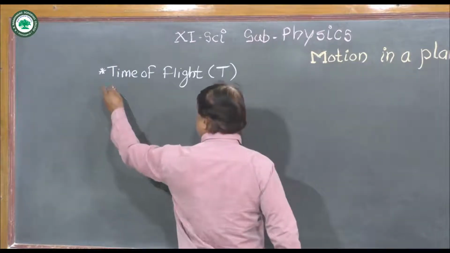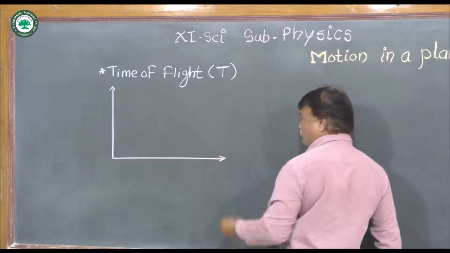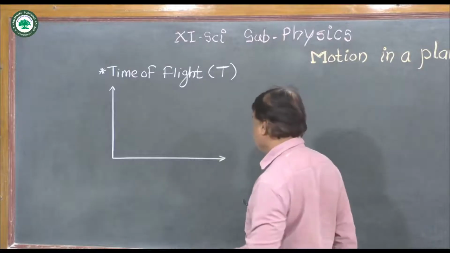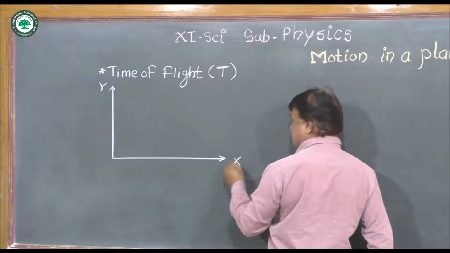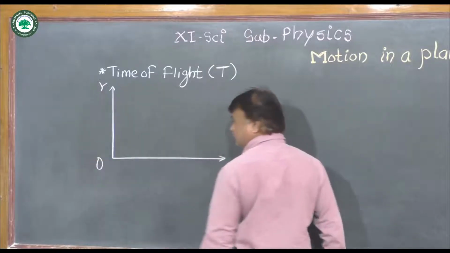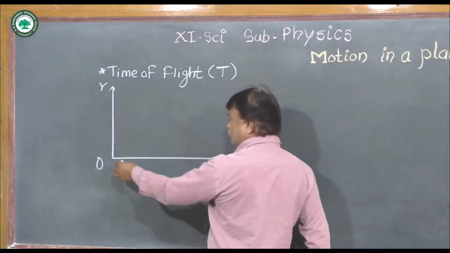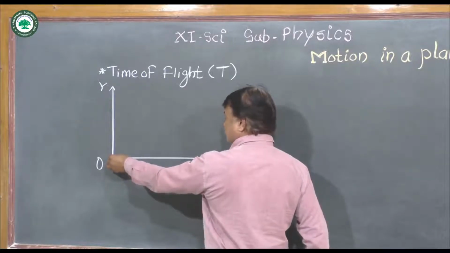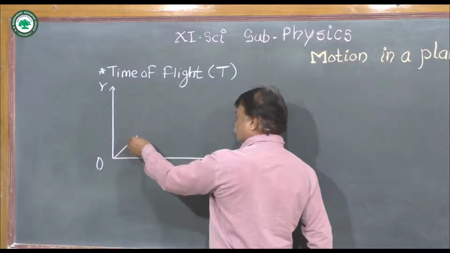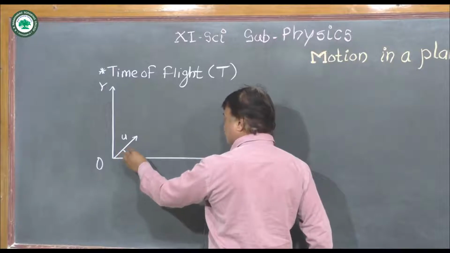We consider projectile motion of a projectile in the XY axis. This is the Y axis, this one is the X axis, and O is the point of projection. According to the definition of projectile motion, an object is projected from the point of projection with initial velocity u, making some angle theta with the horizontal.